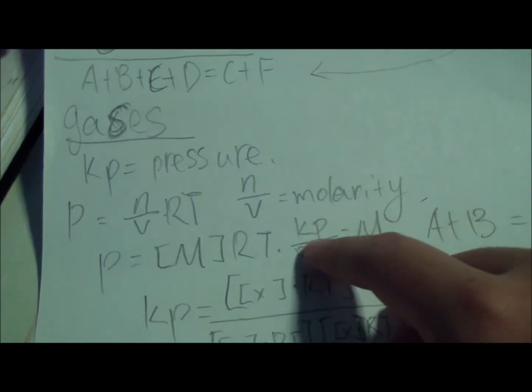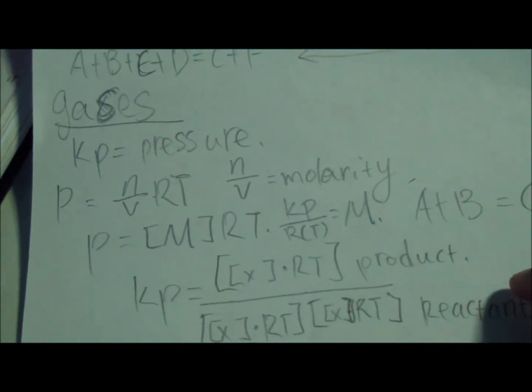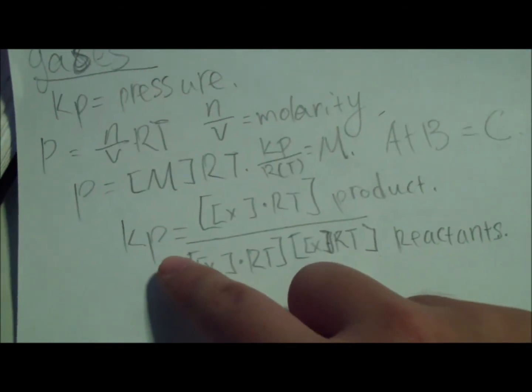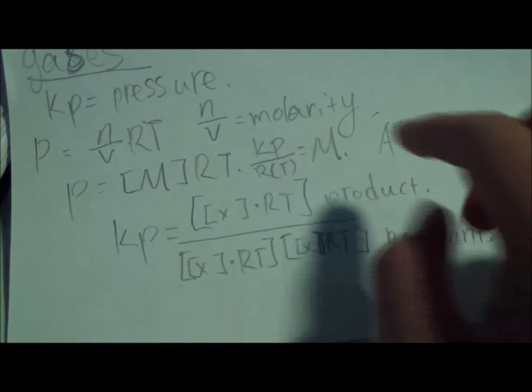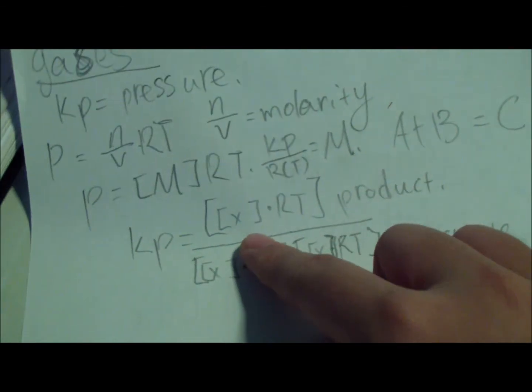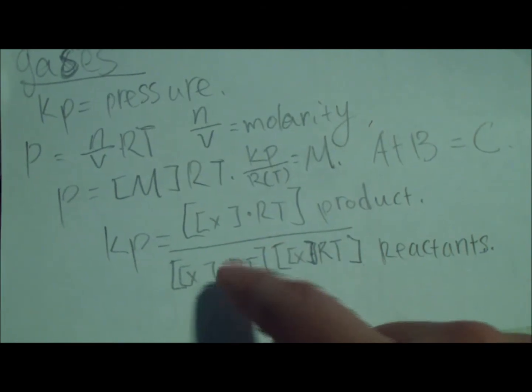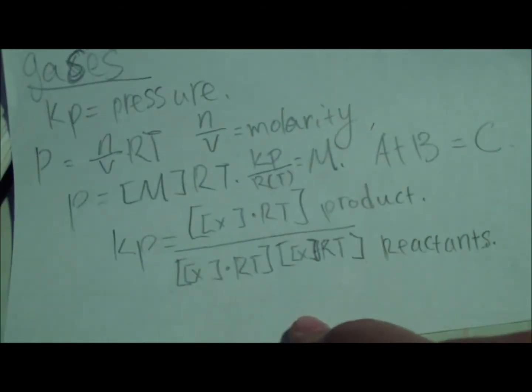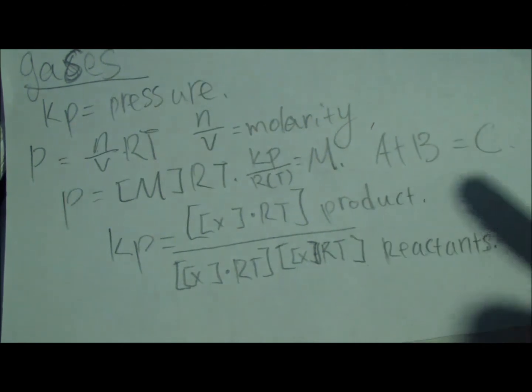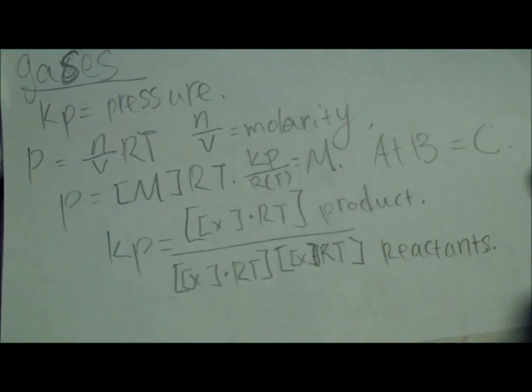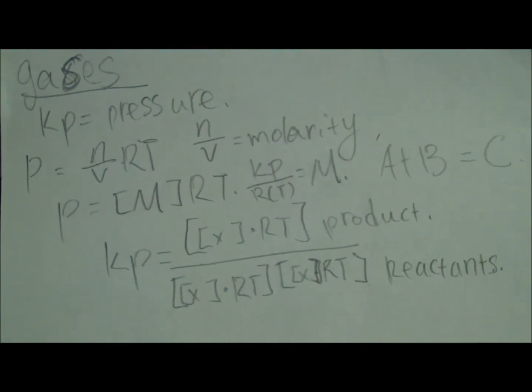KP stands for pressure, so if you find the molarity, you can plug it in and easily find the KP value, or if molarity is given, you can easily find KP.